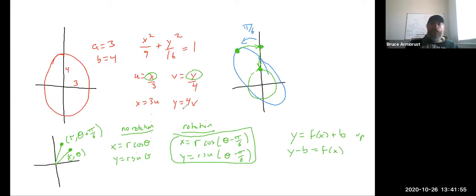Now we haven't talked about this, but I will just tell you that if you have two transformations, like what we're doing here, let me find some space to write. What we're really doing here is we've got XY going to UV, which is going to R theta.